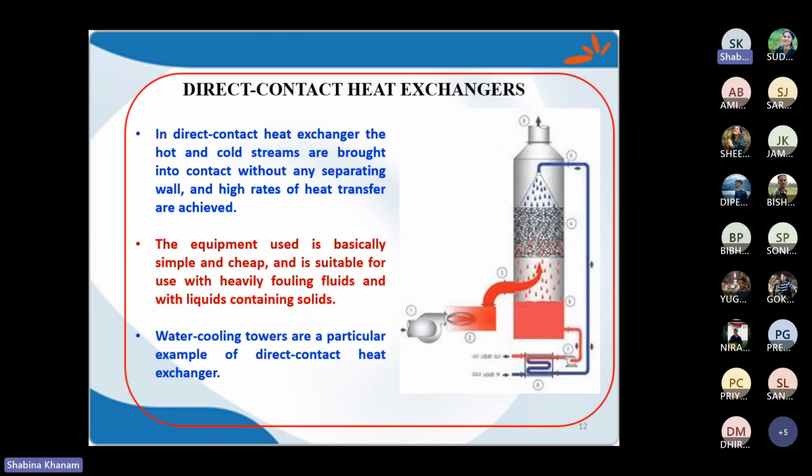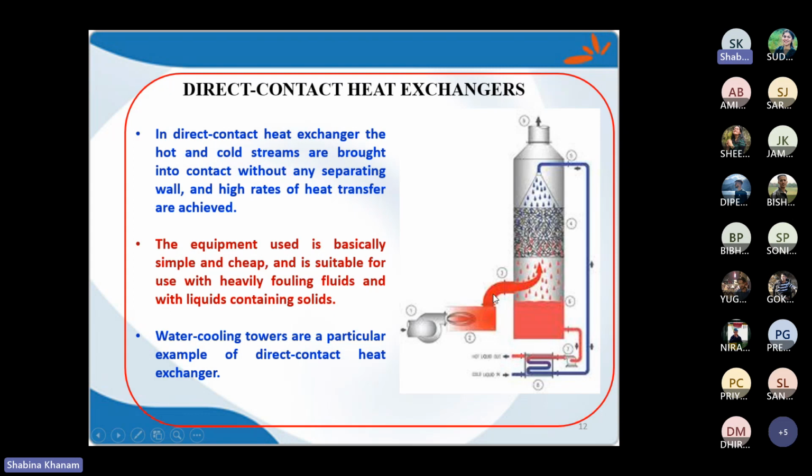A very common example of this is the water cooling tower in industry, and you can have air coolers in our houses also. If you see the cooling tower, the purpose of this is to cool the air or to cool the gas.